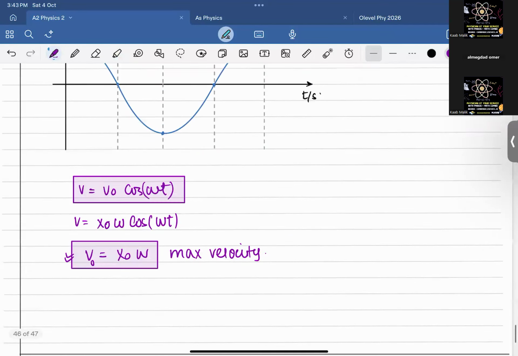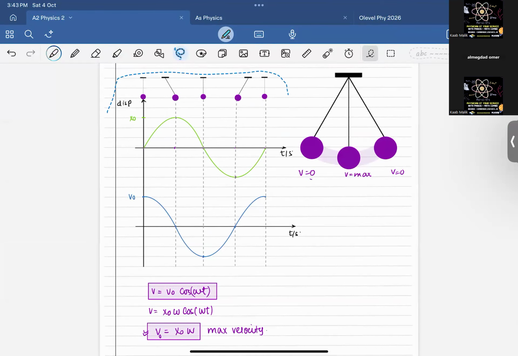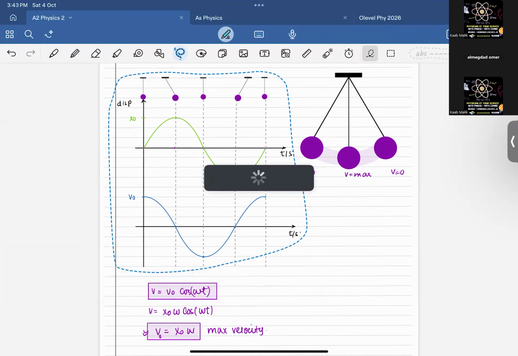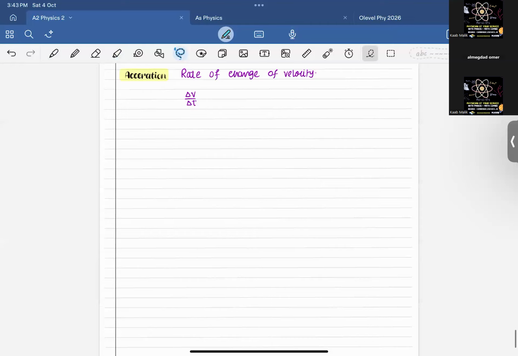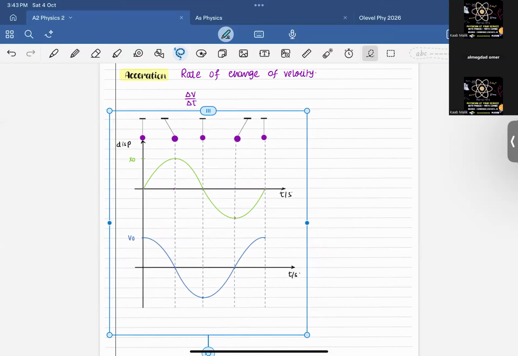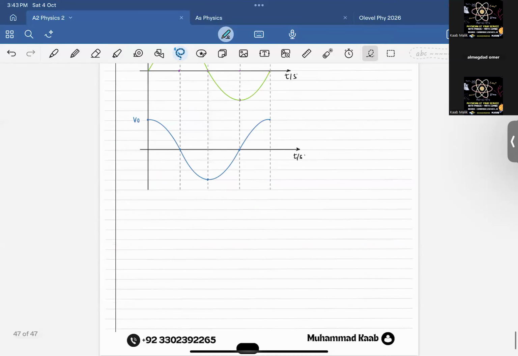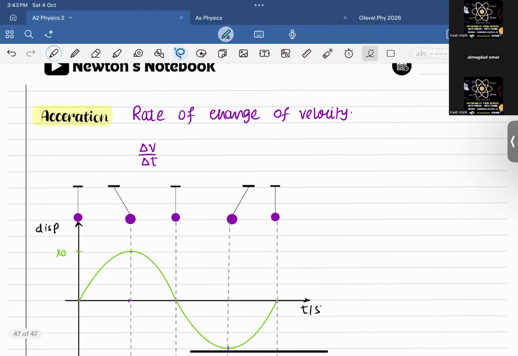Okay, let me just take this thing out and paste it. Since we have to consider the velocity time graph while making the acceleration time graph, the acceleration time graph basically depends upon all of the things, right?